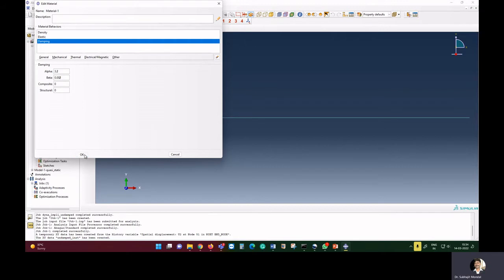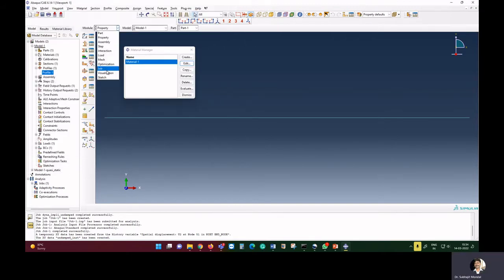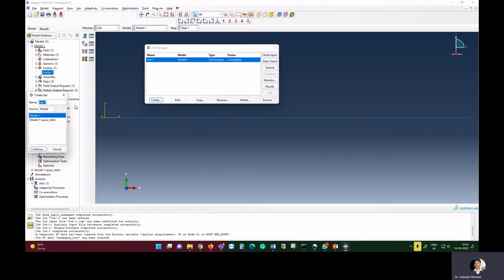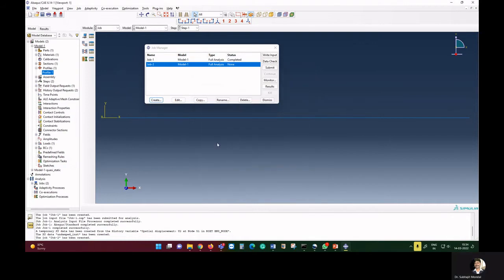So here we are providing damping in terms of alpha and beta. Now we are going to submit this job 2, and we are going to see how the damping is affecting our time response.